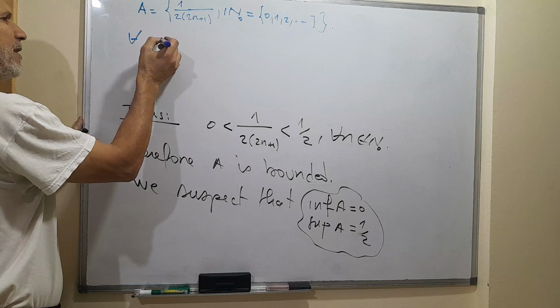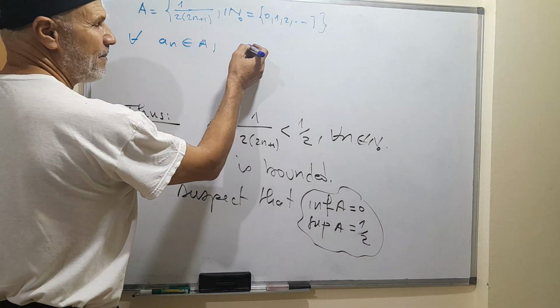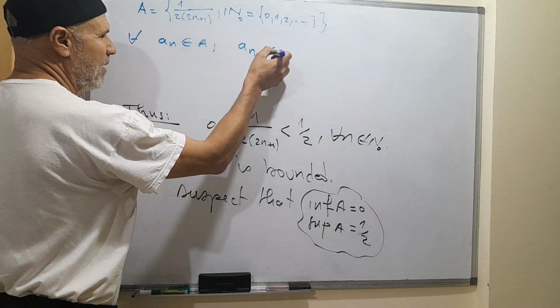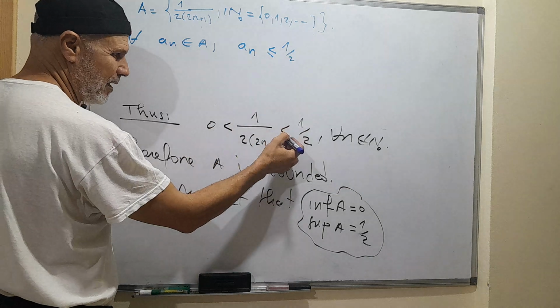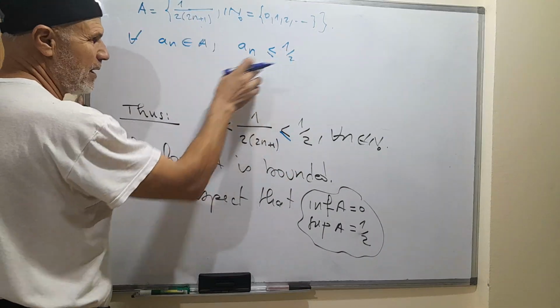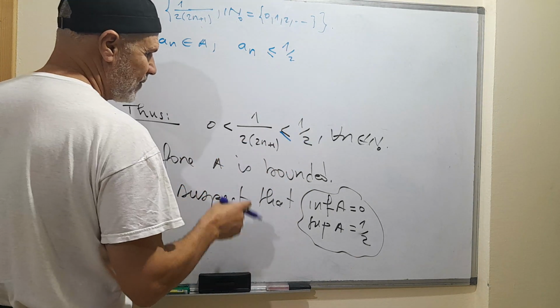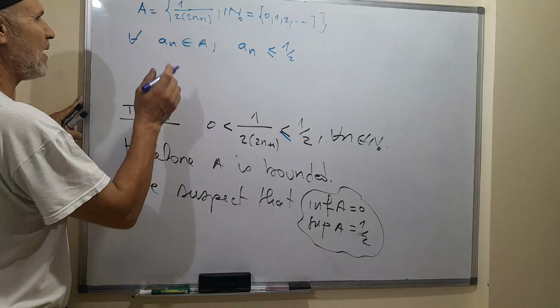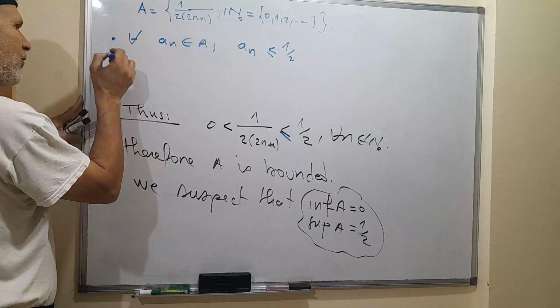For any element an from A, we have an is less than 1/2. Actually, less than or equal. So we can take this. Why? Because for n equal to 0, it is equal. This first.